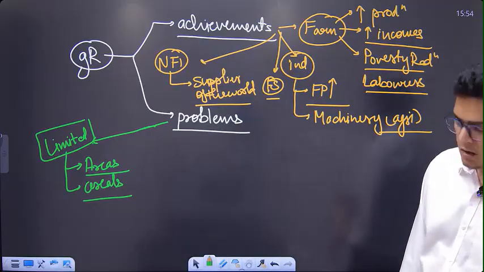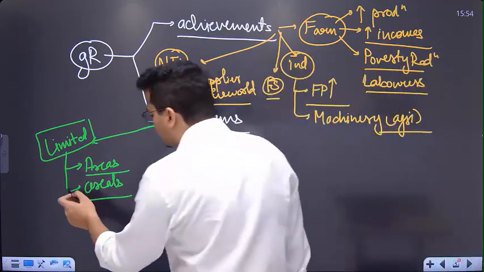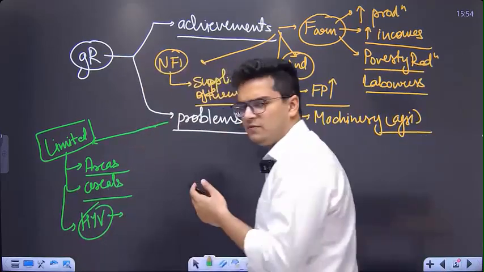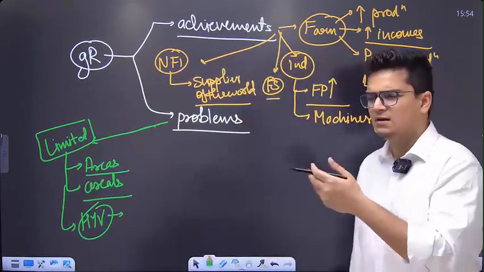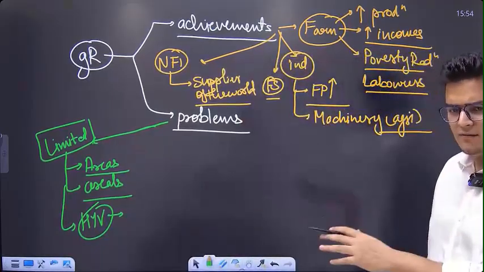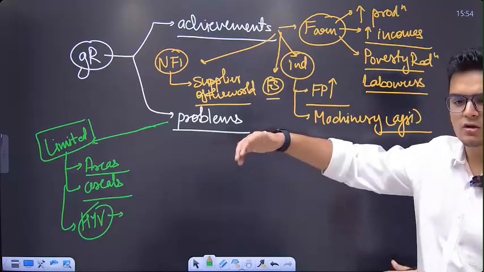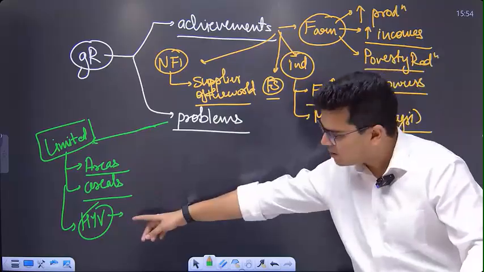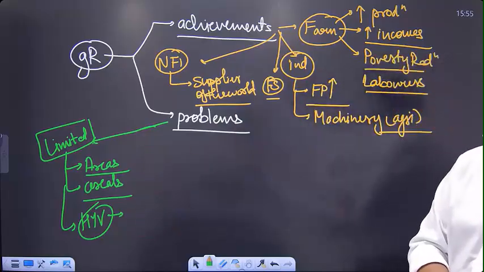Then the high yielding varieties that came were only for 5 crops: wheat, jowar, bajra, maize, and rice. Only 5. So the other crops, the non-staple crops, got ignored in terms of policy and in terms of high yielding variety seeds.